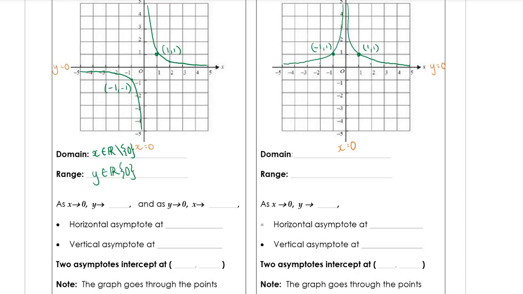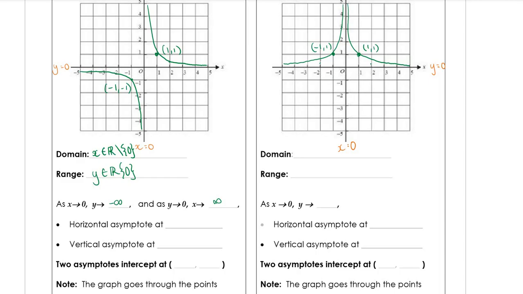Now, as x tries to approach 0 from that left-hand side, we can see that y tries to approach negative infinity, right? Whereas if we came from the right-hand side, we see the graph just keeps on going up. As y kind of comes down and approaches 0, we can see that x begins to approach infinity.